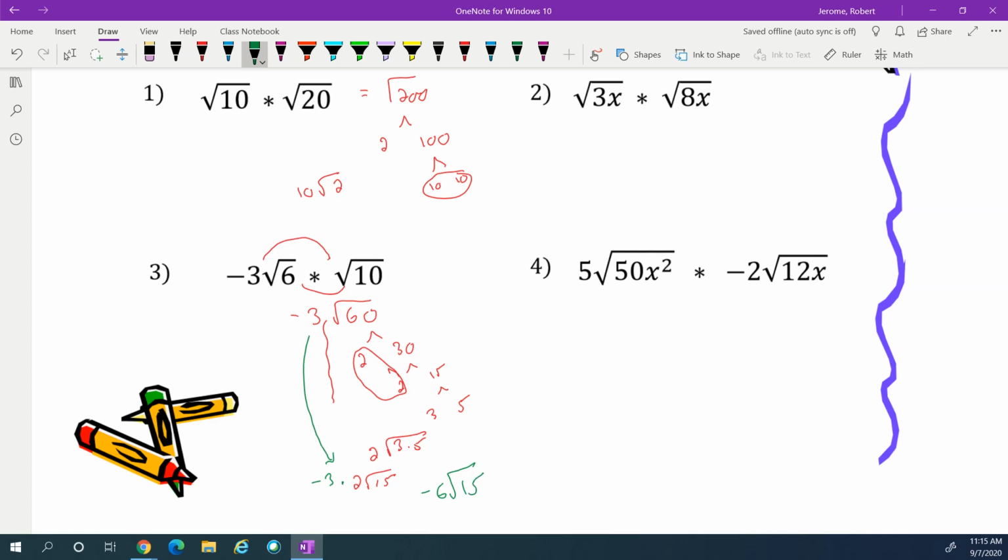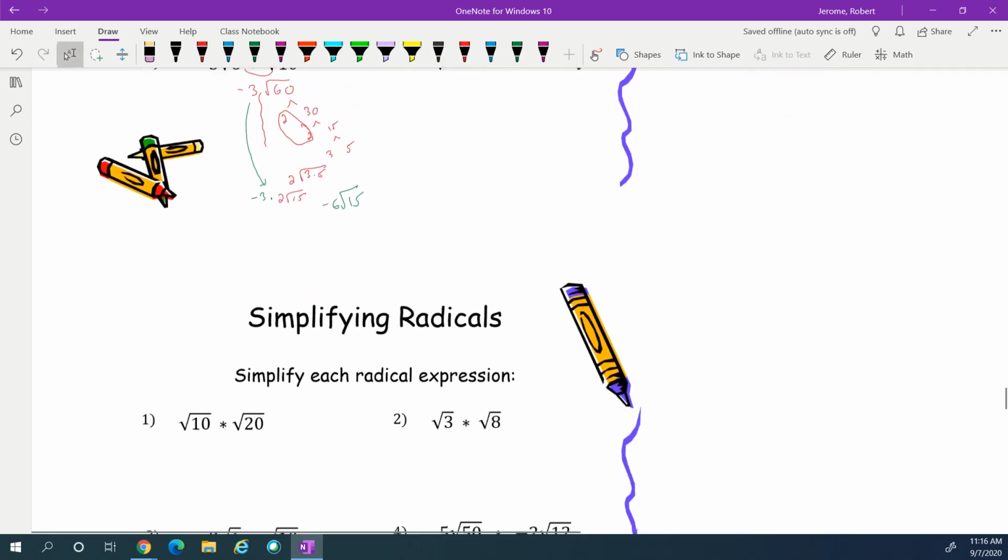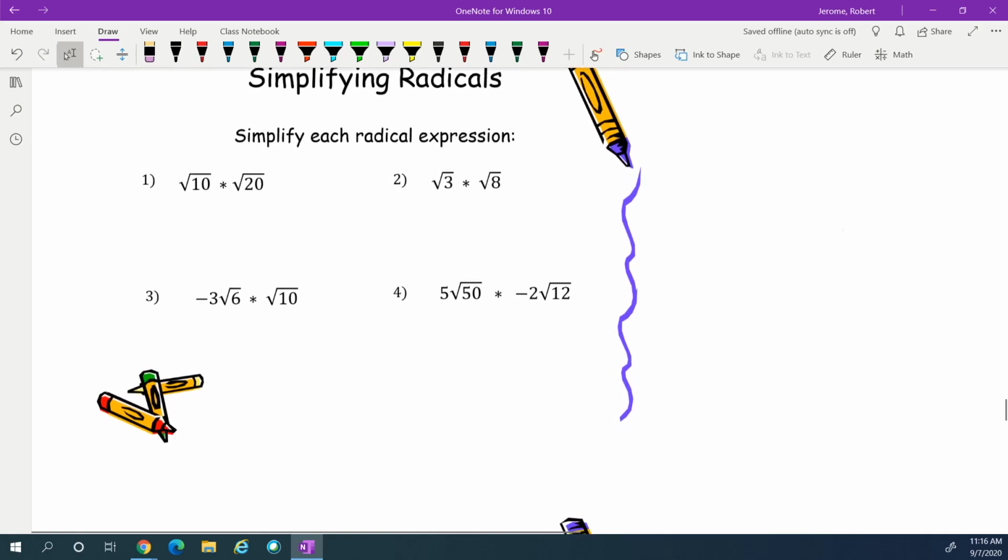So if you want, try number 2 and number 4. Forget the x's. We don't even have to worry about them right now. So for our purposes, if you want to try these, don't even worry about the variables for right now. We can always come back to those later if we need to. And here's a few more.